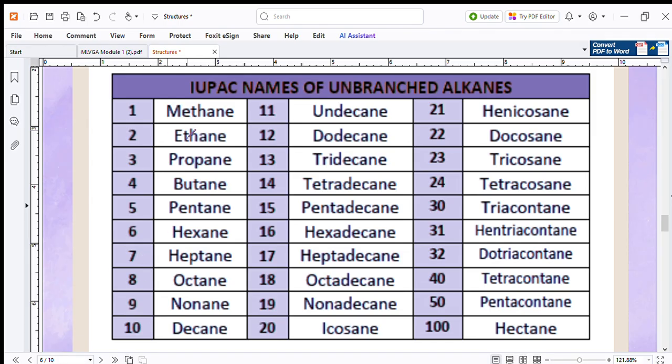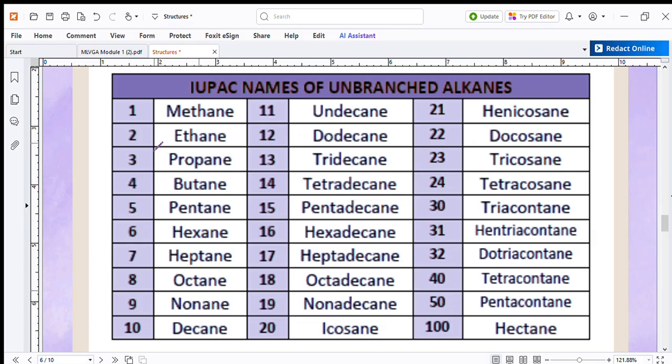So ang meth for 1, meaning 1 carbon, eth for 2 carbons, prop for 3 carbons, but for 4 carbons, pent for 5 carbons, hex for 6 carbons, hept for 7 carbons, oct for 8 carbons, non for 9 carbons, dec for 10 carbons. So ganun po yung numbering niya po.